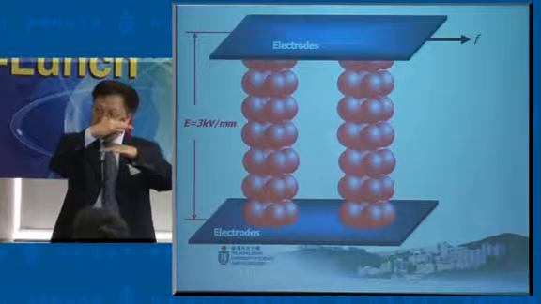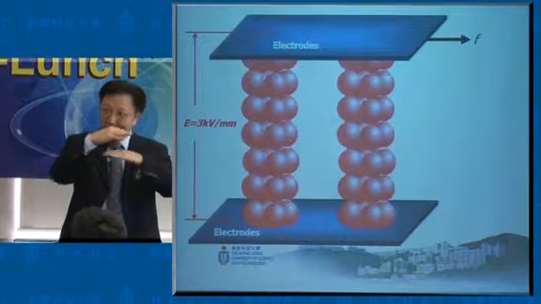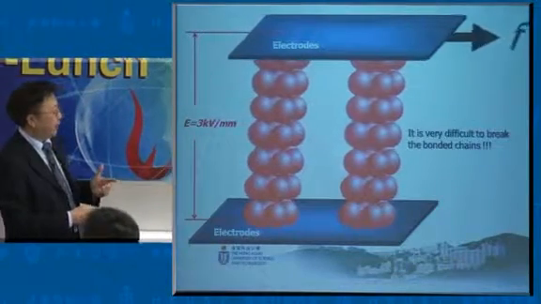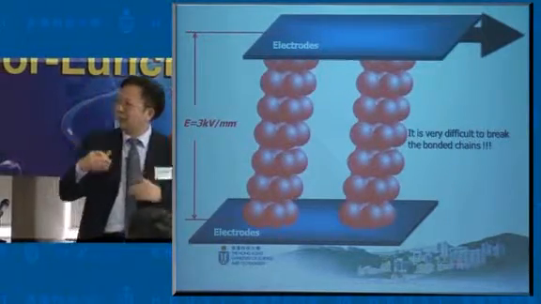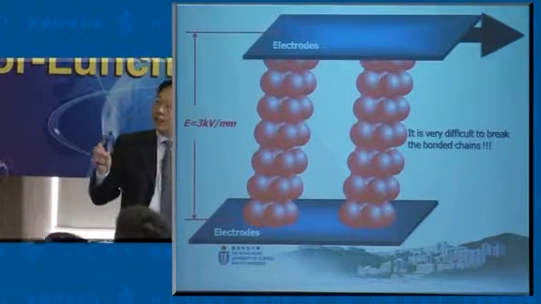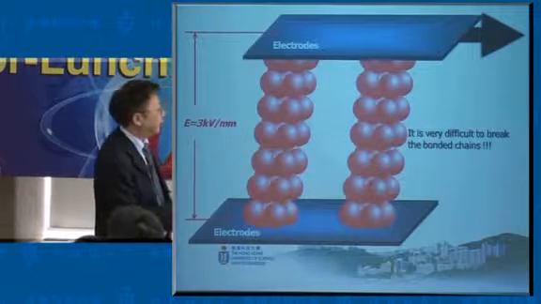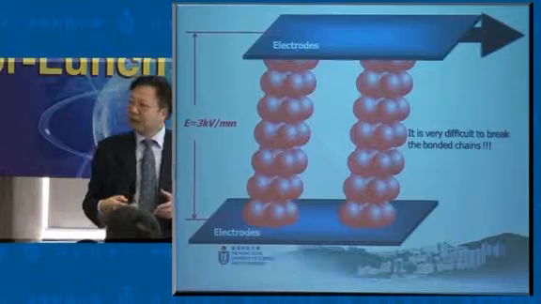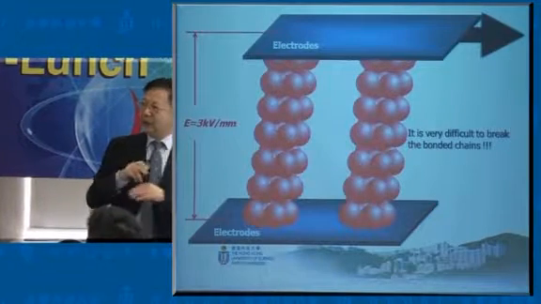So it's very difficult to share one of the electron. But however, if you increase the force, this can be shared. So from here we know high electric field is very difficult to share. That means we say it's very difficult to break the bond chains. So this is the ER effect.